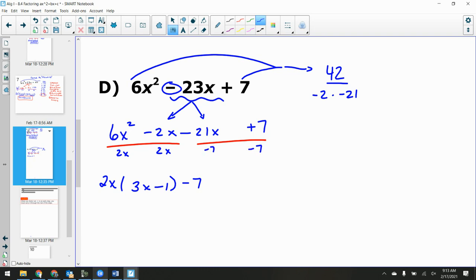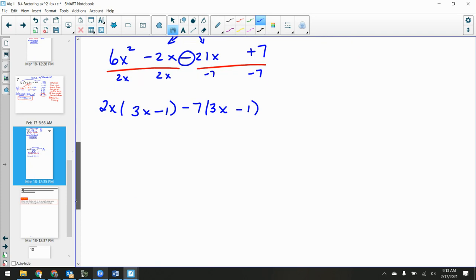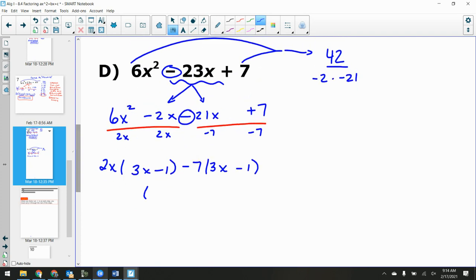Why do I know I pull out a negative? Well, because again, I lead with a negative. These second two terms, I lead with this negative number. I've got to remove it as my GCF, which gets me a positive 3x minus 1. Positive 7 over negative 7 gets me negative 1. All right, so that means my two factors are 3x minus 1, 2x minus 7.